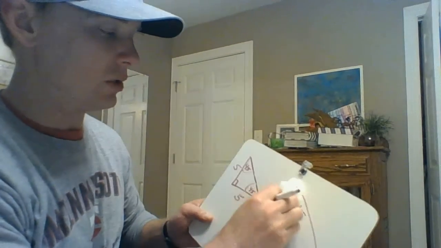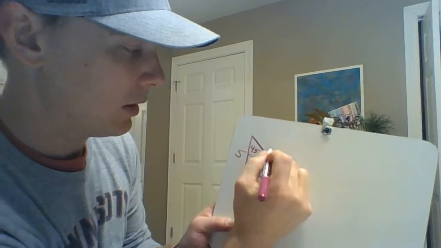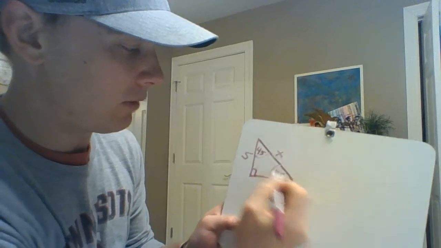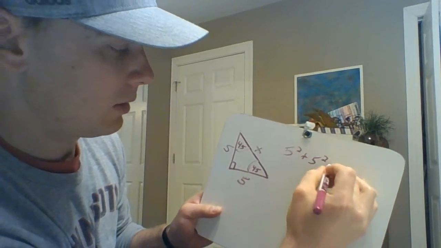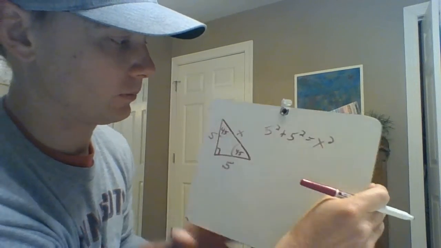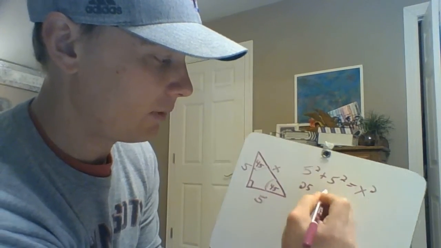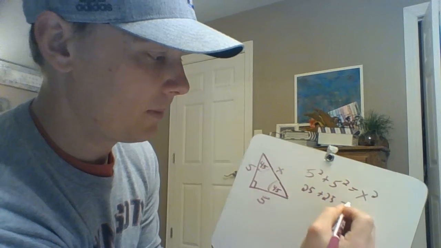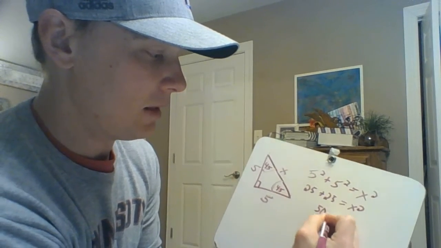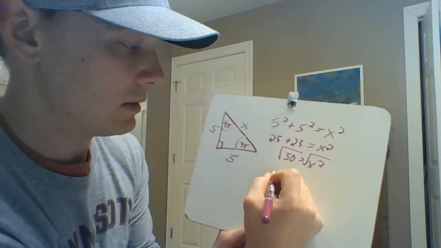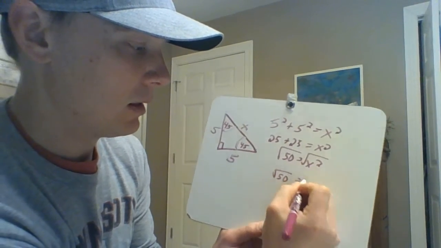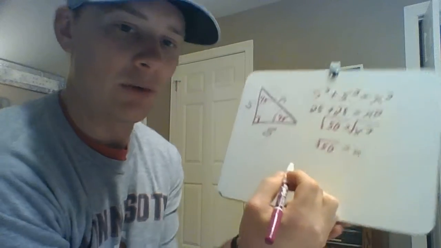Then you could go through the Pythagorean theorem, and I'll just do it for this one here. What would this be? Well, you could figure that out from the Pythagorean theorem. 5 squared plus 5 squared equals x squared. So you get 25 plus 25, 50 equals x squared, and then you take the square root of both sides, and so you have the square root of 50 equals x. Now, we've talked about simplifying that.